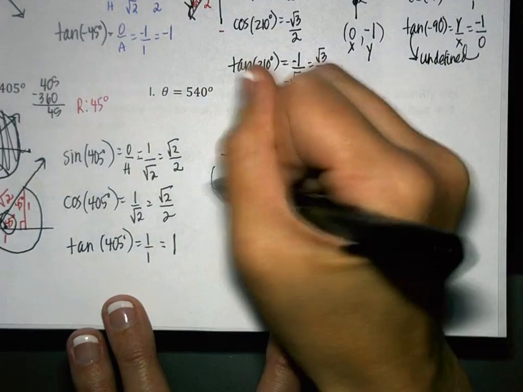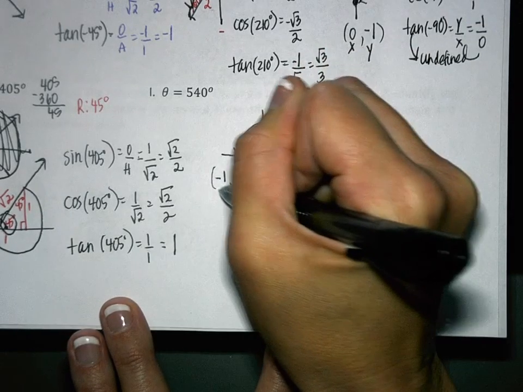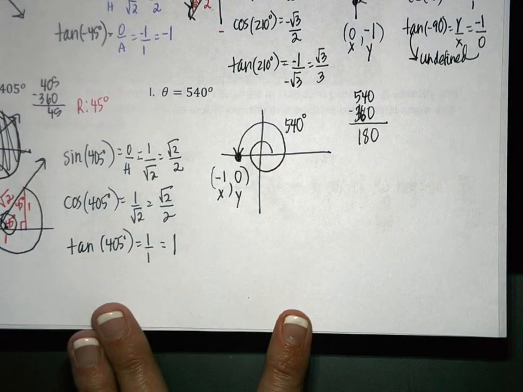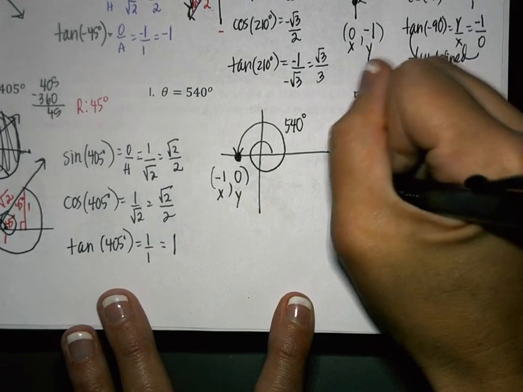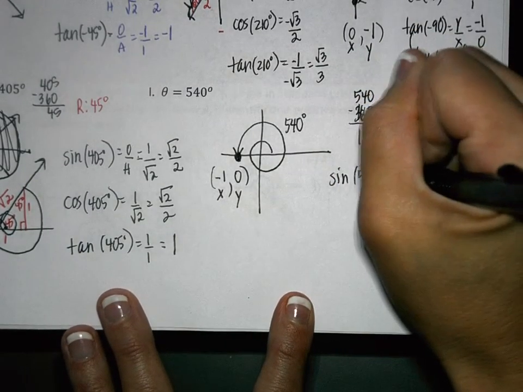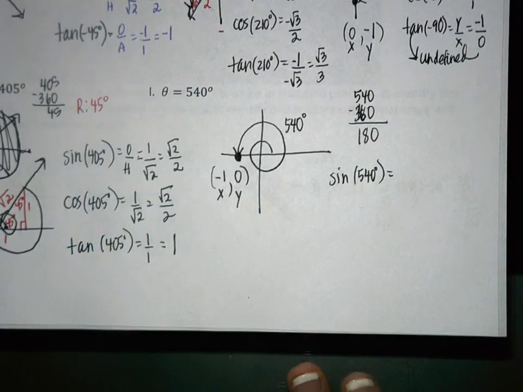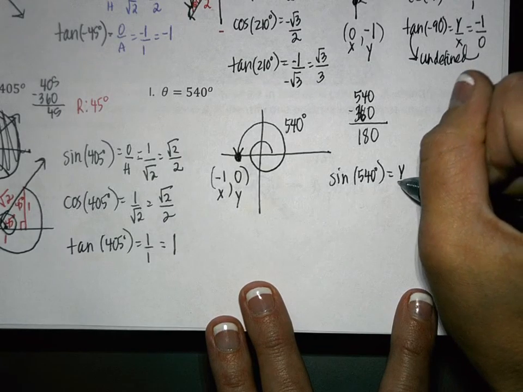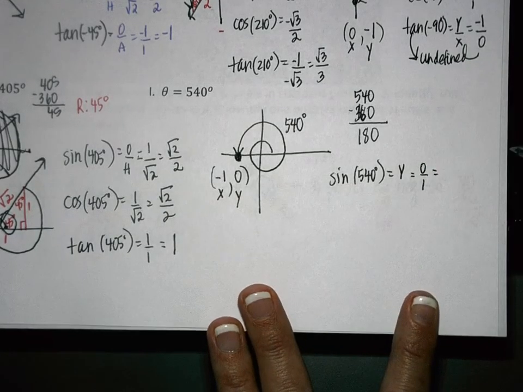-1, 0. And I also like to label those as x and y to help me out when I'm doing my sine, cosine, and tangent. So sine of 540 degrees is what? We know that sine is y. So it'll be 0 over 1, which ends up being 0.